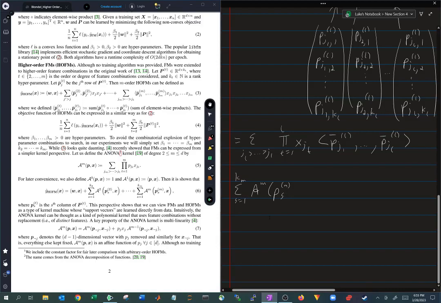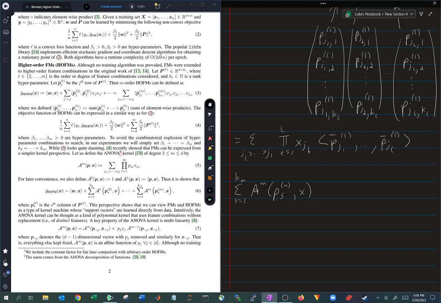So basically, if p has a single subscript, then it's going to be a vector.